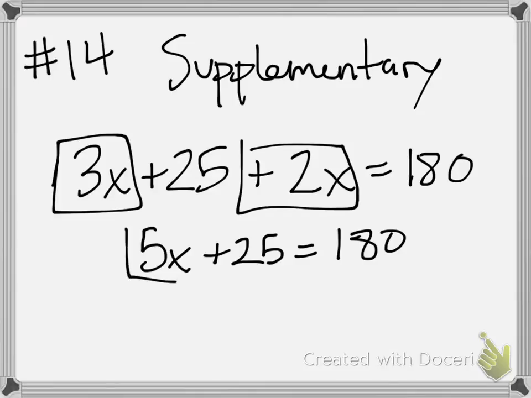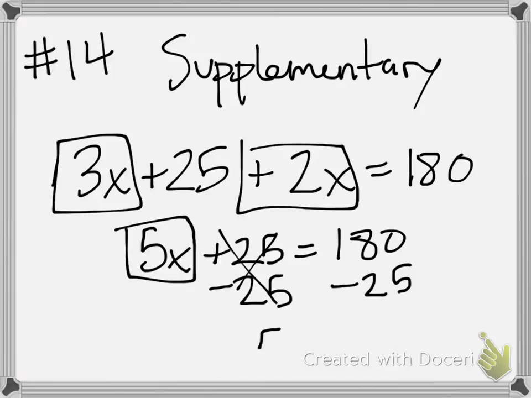Next, I'm trying to get this 5x by itself, so I'm going to subtract 25 from both sides. So these cancel out. I'm left with 5x equals 180 minus 25, which gives you 155.